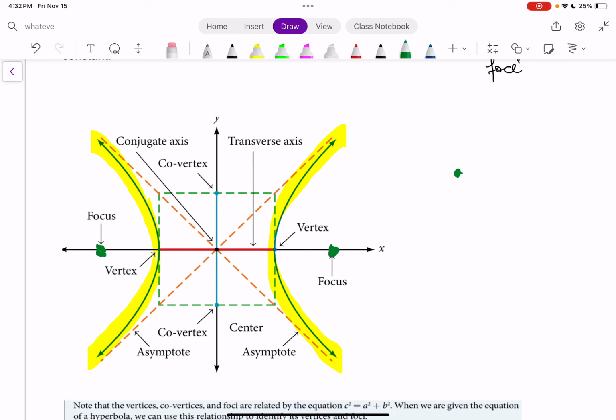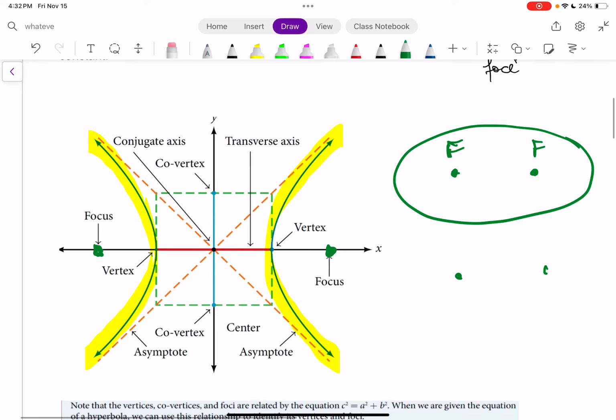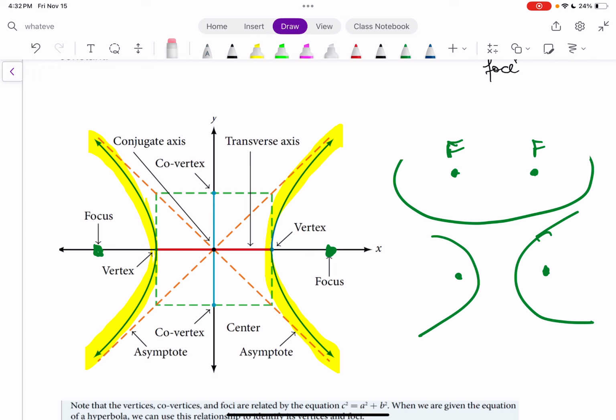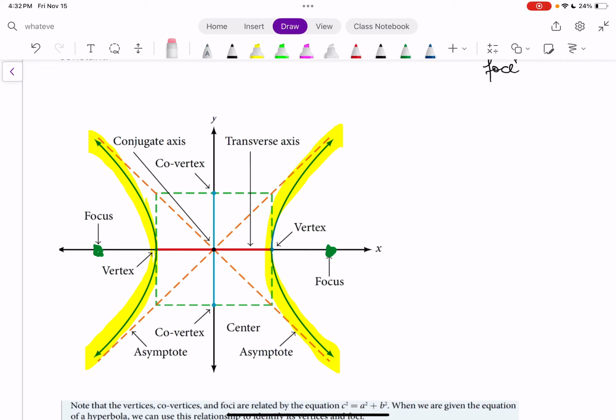So I'd like to point out that in an ellipse, the foci are inside. In a hyperbola, the foci are also inside the shape, except the shape opens up differently, right? But the foci are inside the shape both times. All right, so here are the foci.